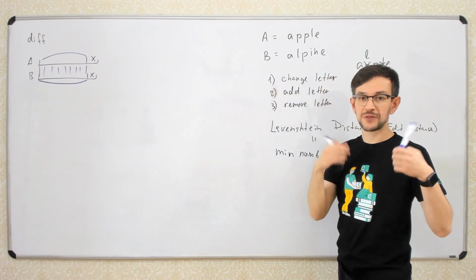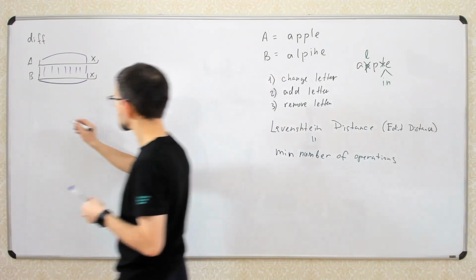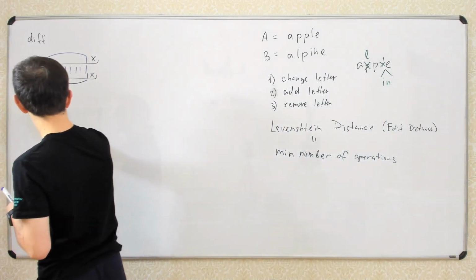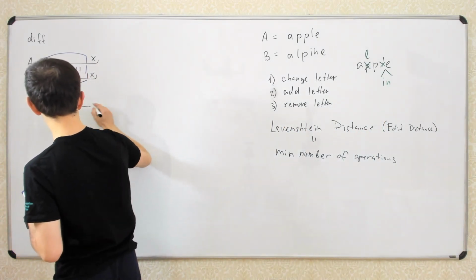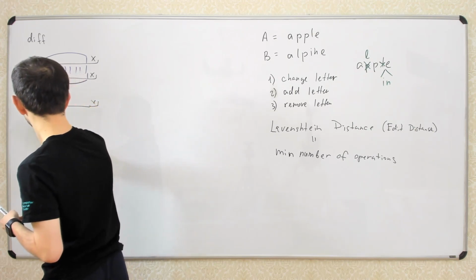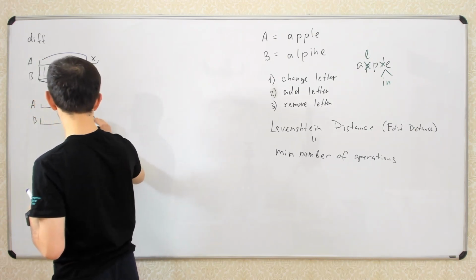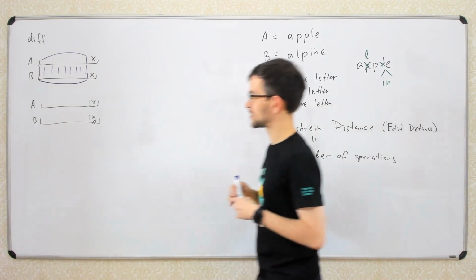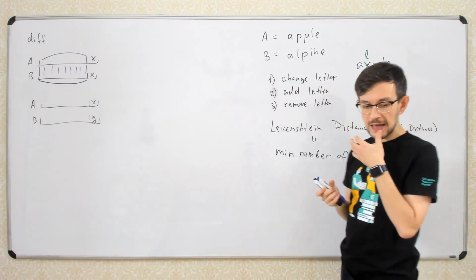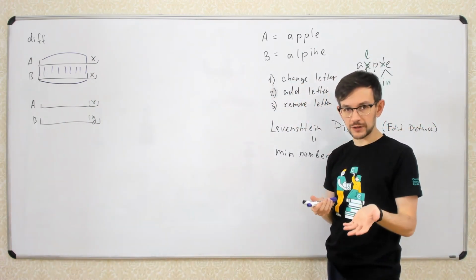Now, what happens if the last character is different? Here we have X, and here we have Y. So the last character is different. Then we actually need to do something.